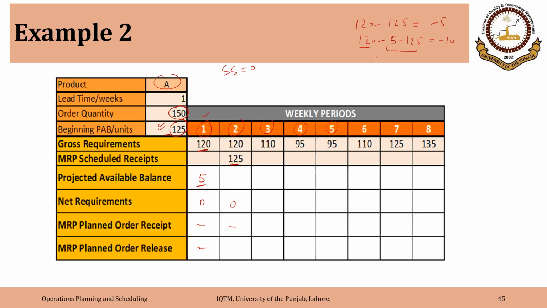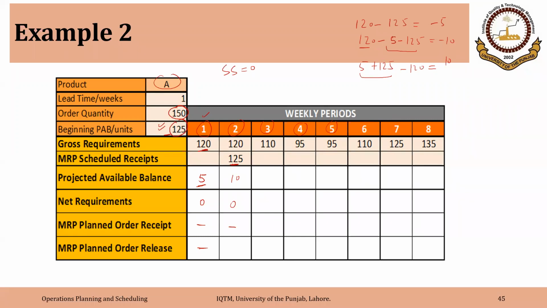So the total supply is this 5, the previous period's inventory, plus scheduled receipts, minus the requirements of 120. So we will be left with 10 units at the end of week 2.